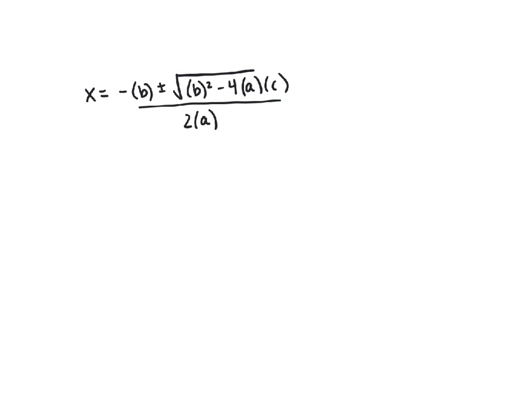Now I'm going to give you a little bit of a vocabulary lesson here. This whole thing is called the quadratic formula, but sometimes we just look at this section right here underneath the radical, and this is called the discriminant. I want you to know that term, because we'll use that a lot later.